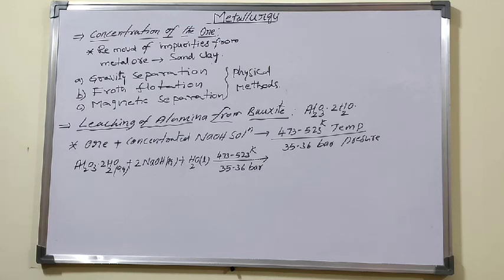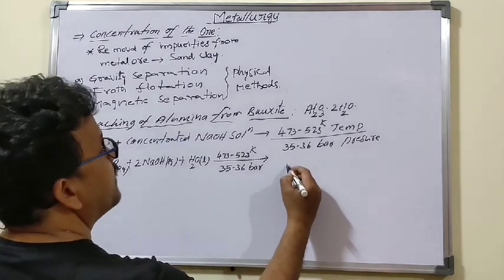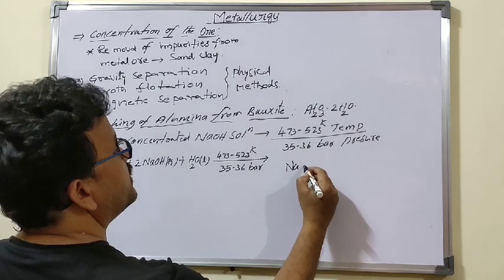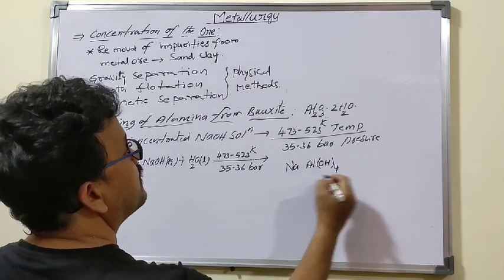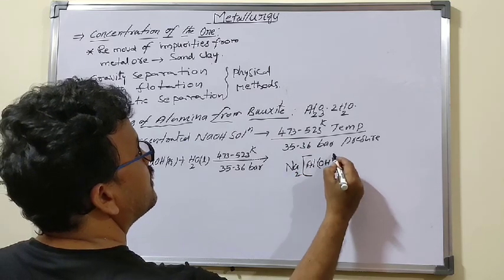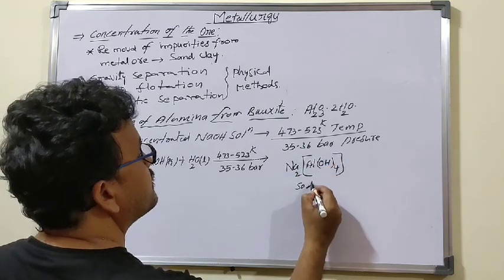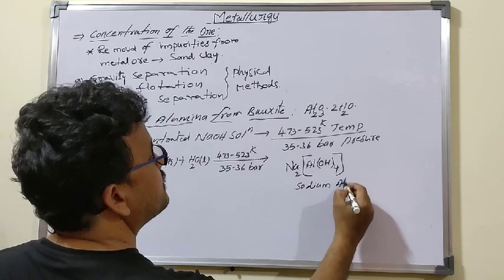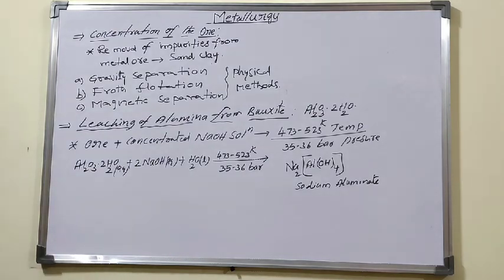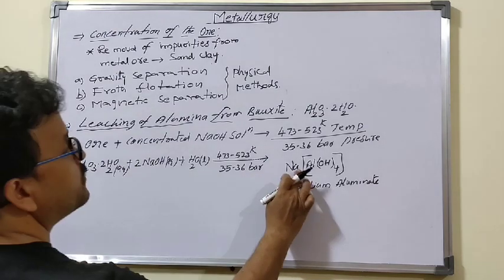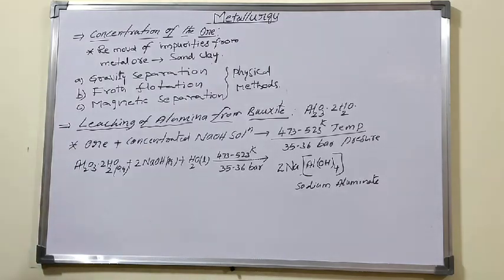At this position we are getting a complex sodium aluminate. So a complex sodium aluminate is going to be formed.